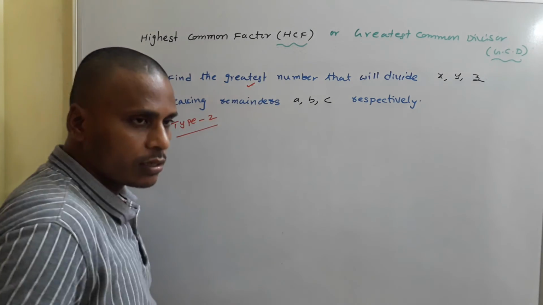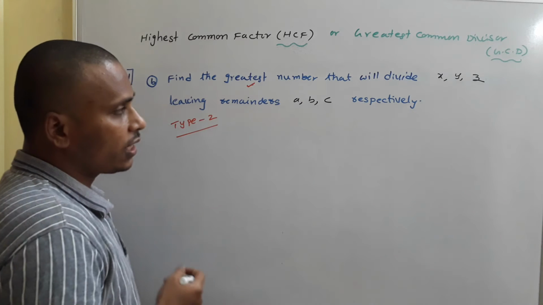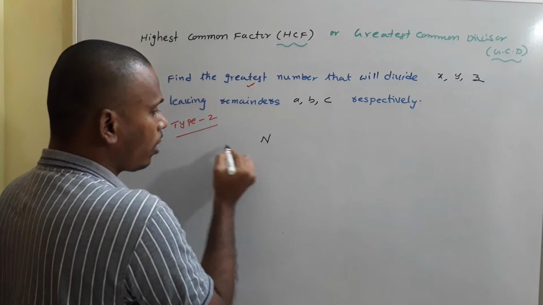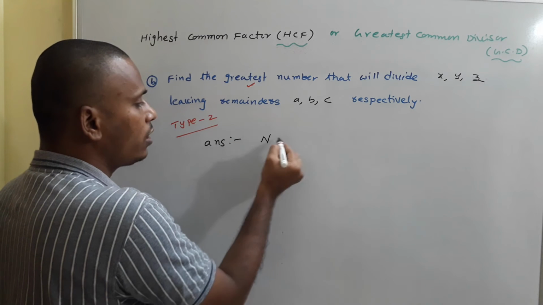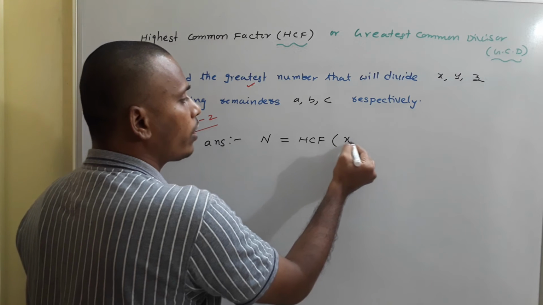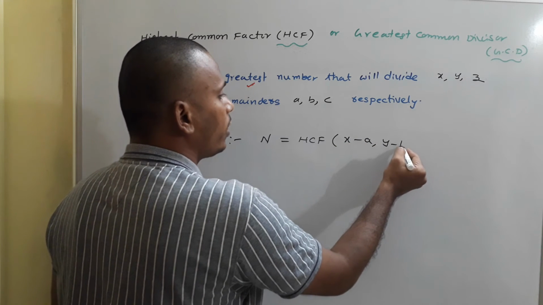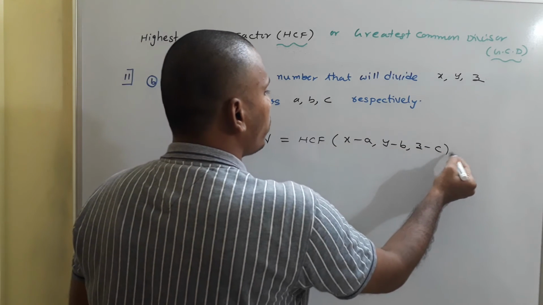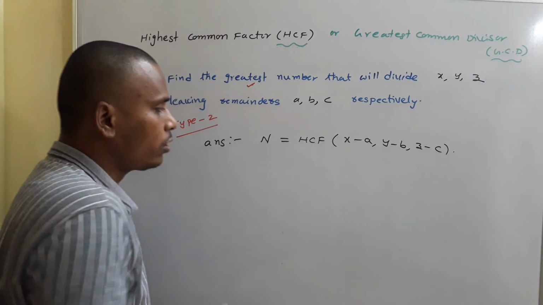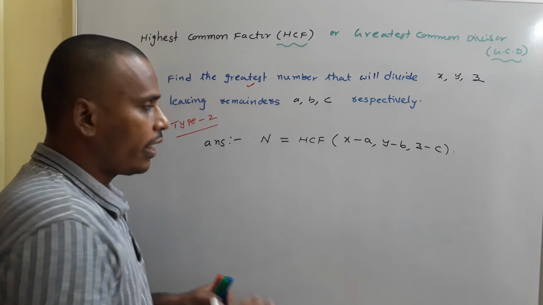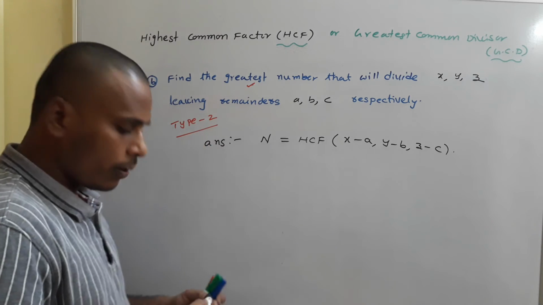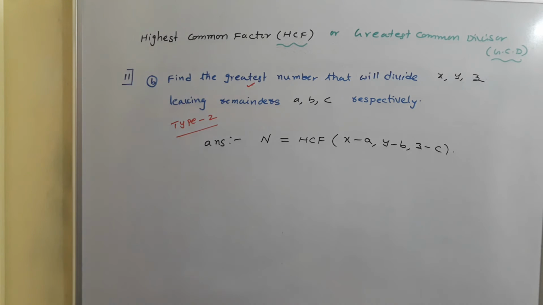If the question is finding the greatest number that will divide x, y, z and leave remainders a, b, c, then the answer is some number n, which equals the HCF of the differences between the dividends and remainders correspondingly: x minus a, y minus b and z minus c. Just observe the pattern of the question and memorize this answer. This is type 2. And then I will give you a question from type 3.